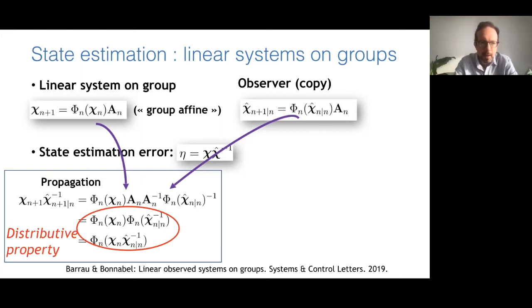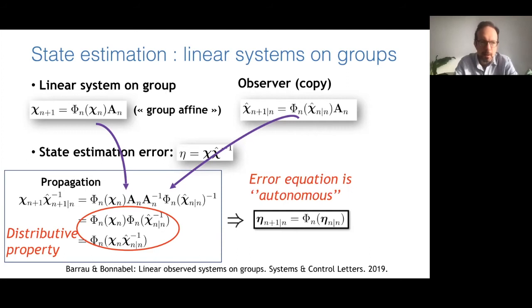And then by using the morphism property, I get that phi of chi times phi of hat chi minus 1 is phi of the product. And this is the distributive property in terms of group multiplication. And you see that here again, the error is autonomous.